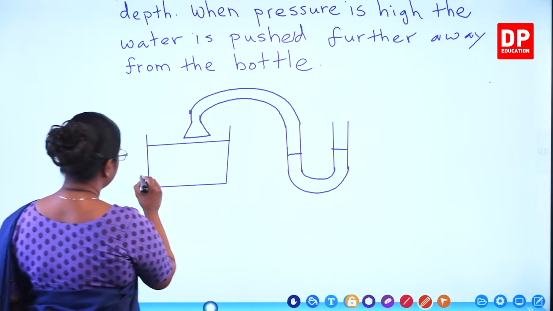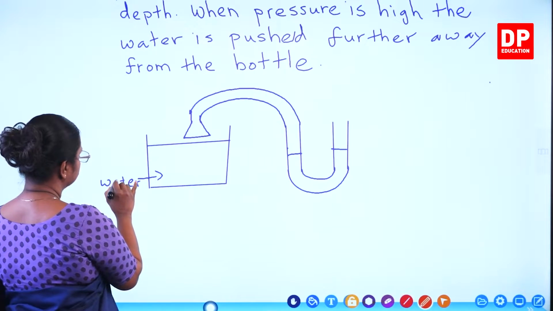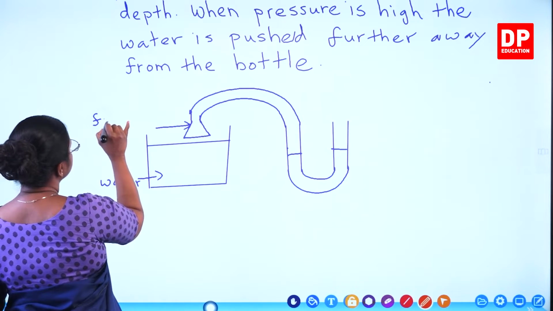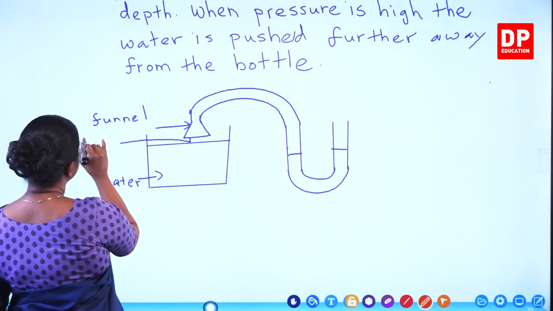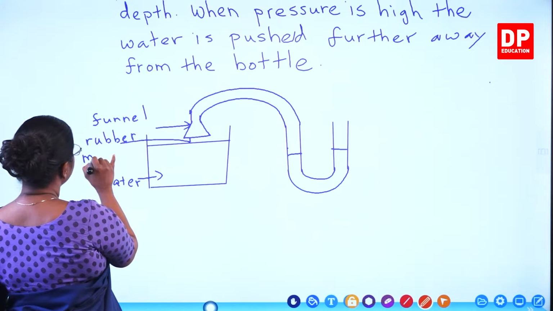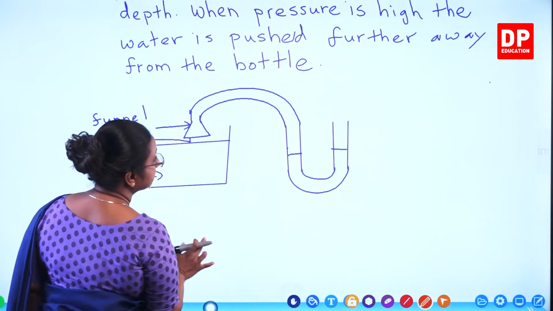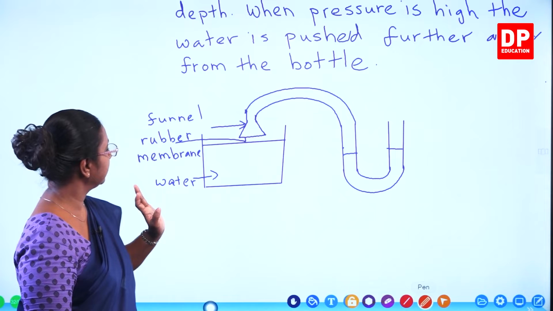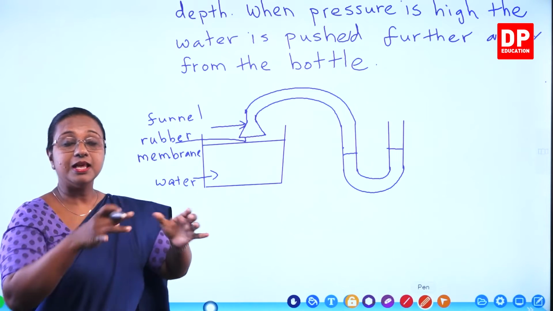So here we can have water, funnel, that is rubber, membrane. So here you can see a vessel containing water, then there is a funnel with a rubber membrane attached to it.